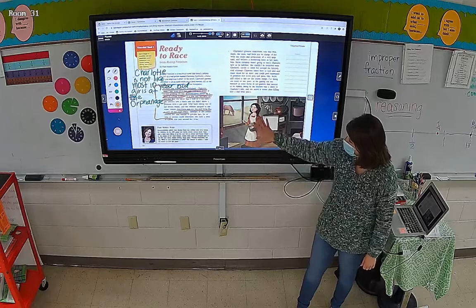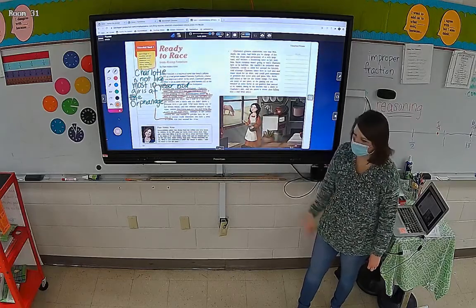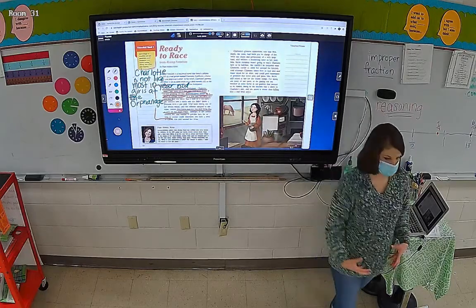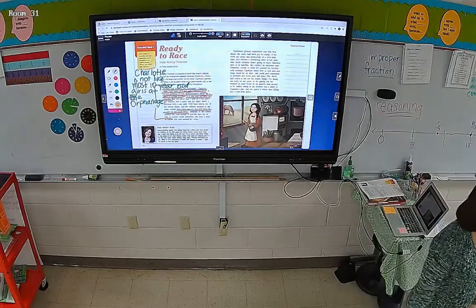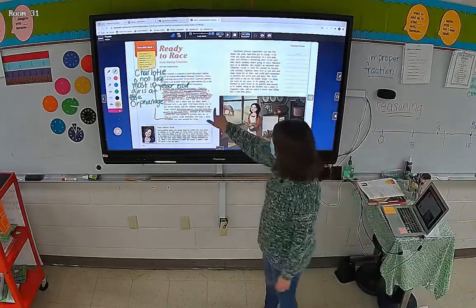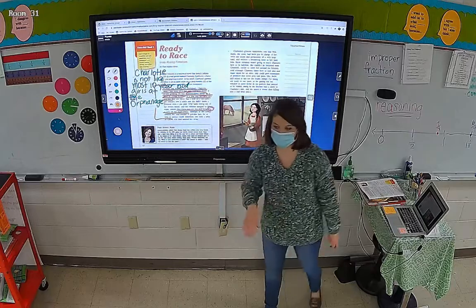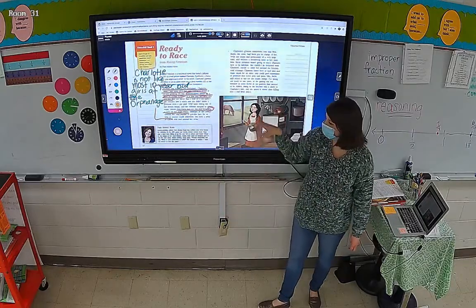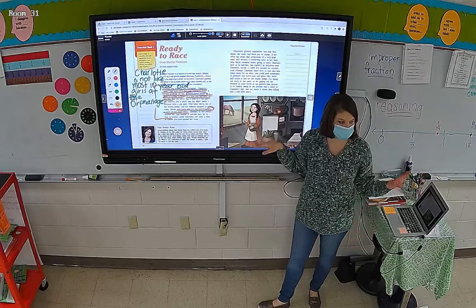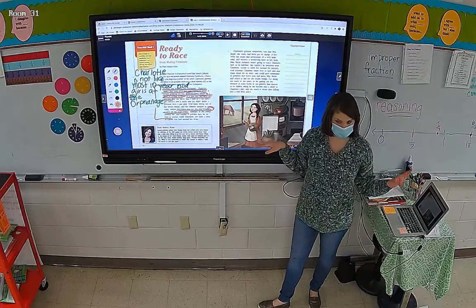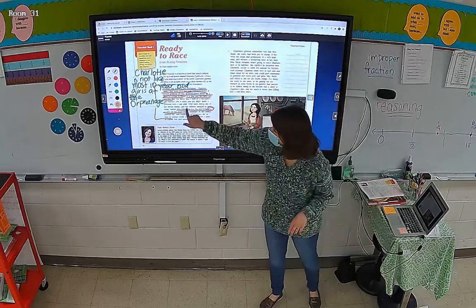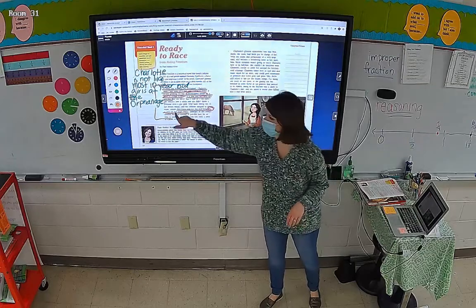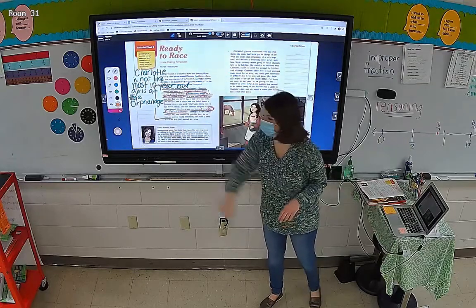Her dress and her apron, all of that is part of what she's wearing. Okay, so it says it's too big and it hung like a sack. That word like lets you know there's a simile there. They're comparing what she's wearing to something else. They're comparing her frock to a what? A sack.